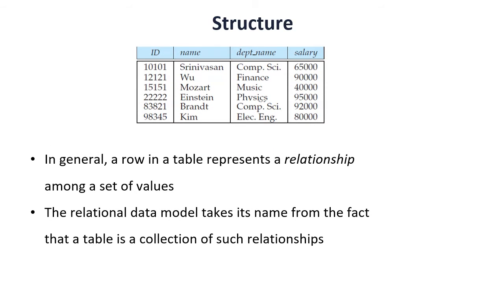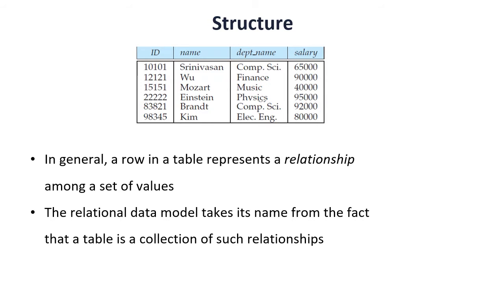A table looks something like what you see here. In this instructors table, we have captured the information about a set of instructors working in a university. And you can see that this table looks pretty much like a normal table that we are familiar with.